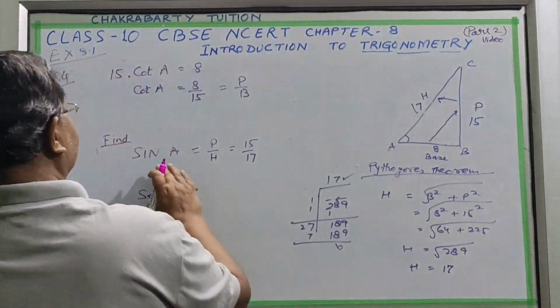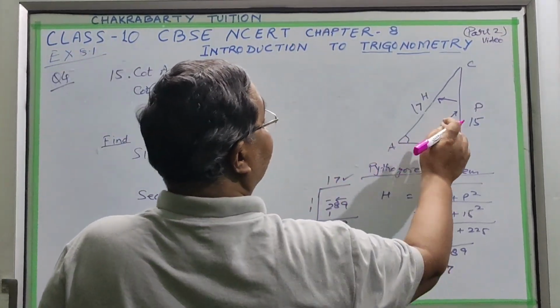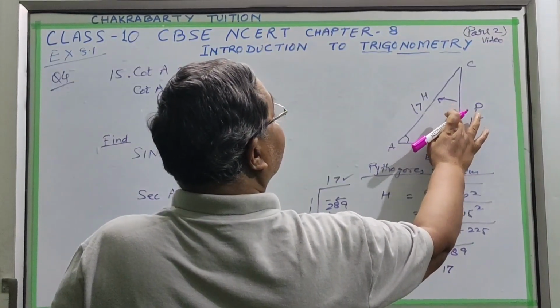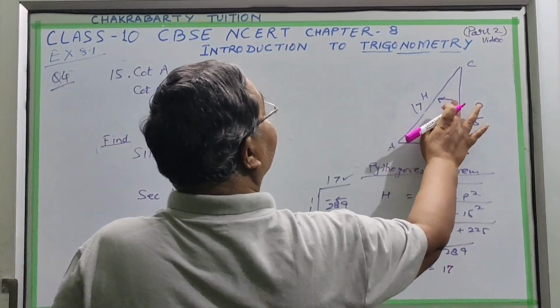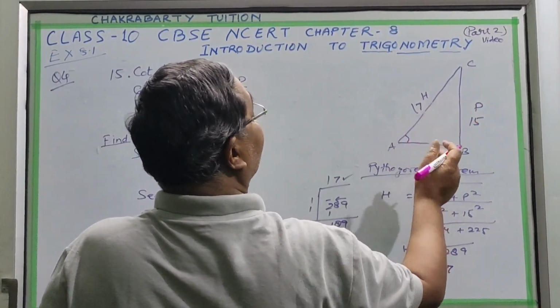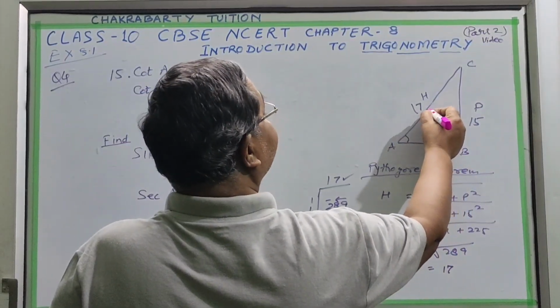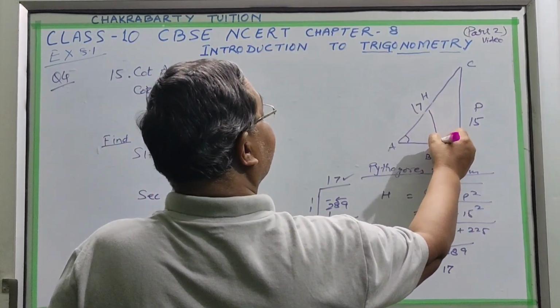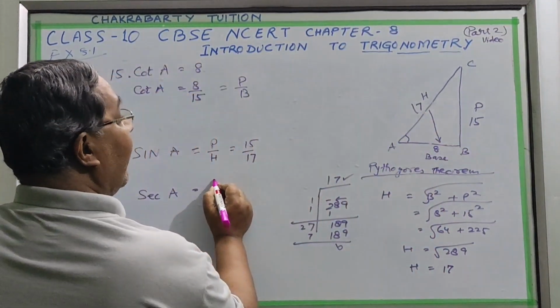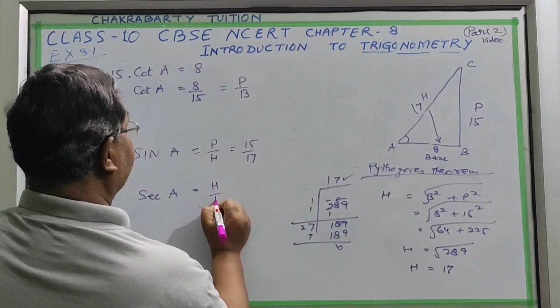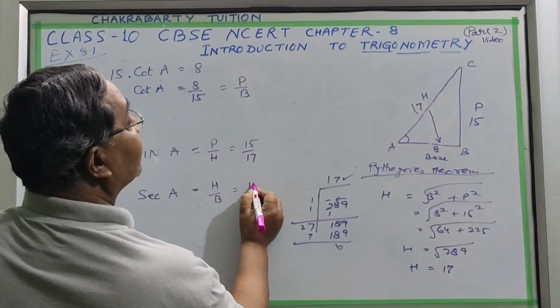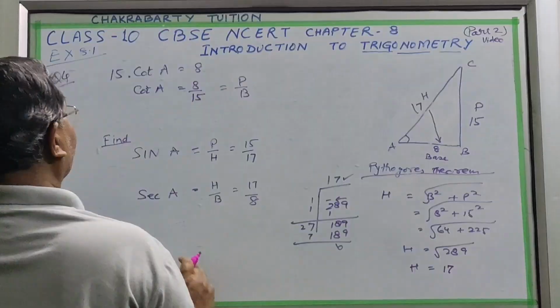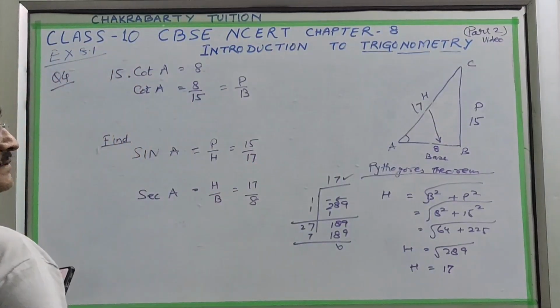Now if they want to know sec, sec is this relationship: H upon B, equal to 17 upon 8. So this is your answer.